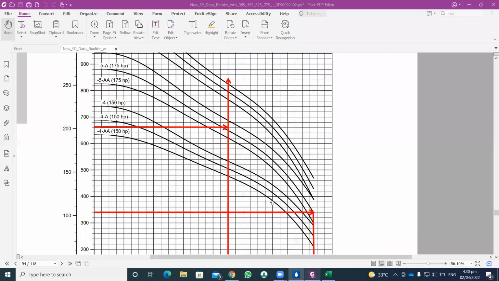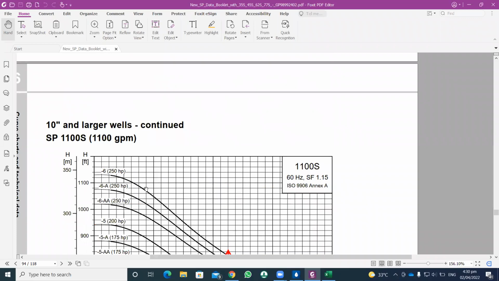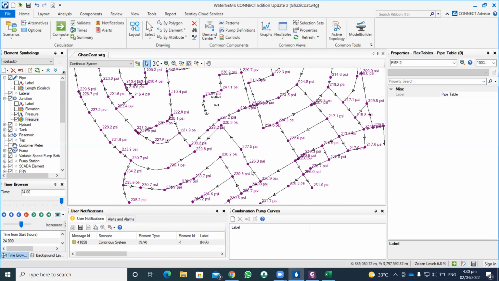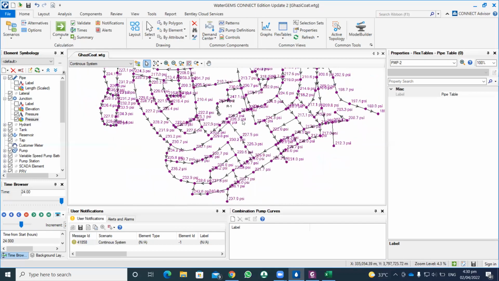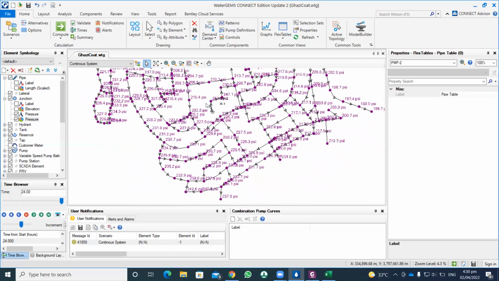You can observe here that it is a 10-inch diameter pump, so a 10-inch diameter impeller. This will be very expensive and mostly cannot be found easily in Pakistan. Therefore, you have to select the number of pipes and the number of tube wells in a network in order to fulfill the demand.